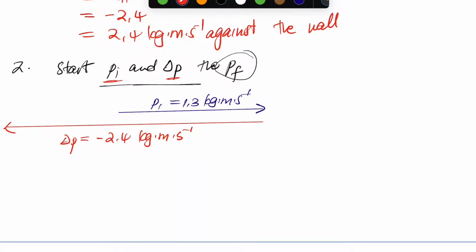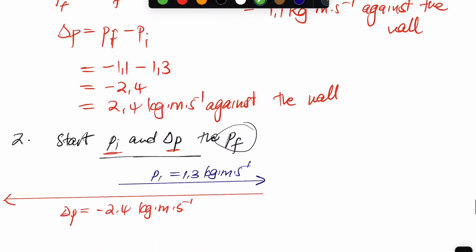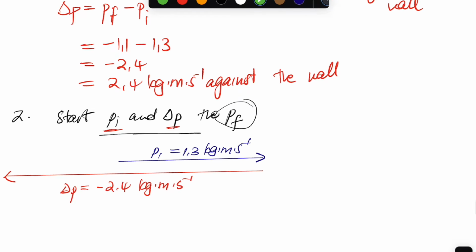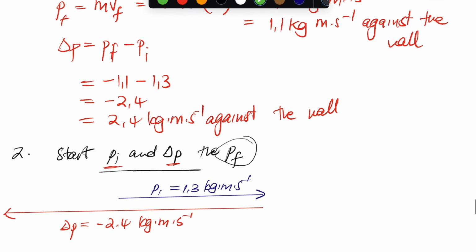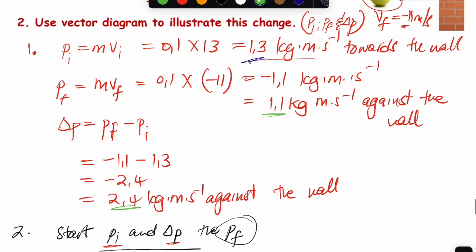And then now we're going to draw the final. It's 1.1, and 1.1 is the difference. If you notice, it's the difference between 2.4 and 1.3. It's 1.1. And always, guys, when you draw your final, you draw it from the tail of the first vector to the head of the last vector.